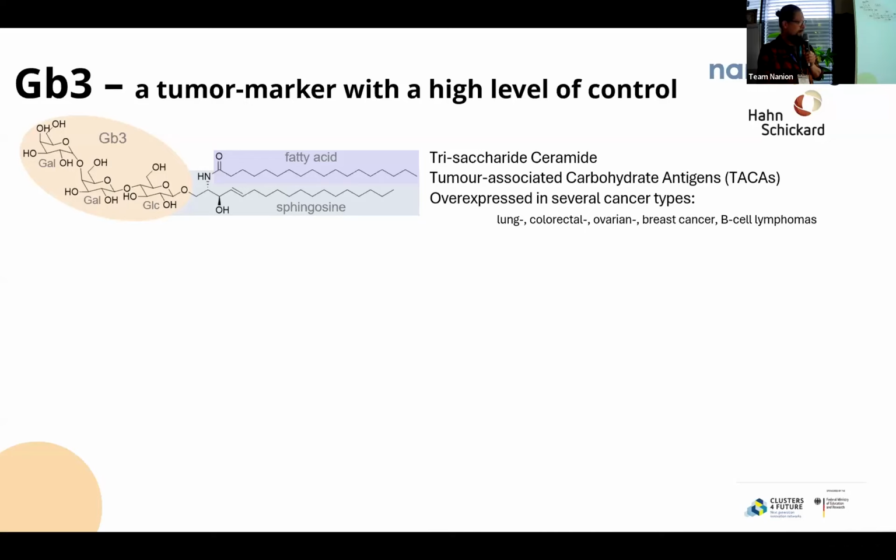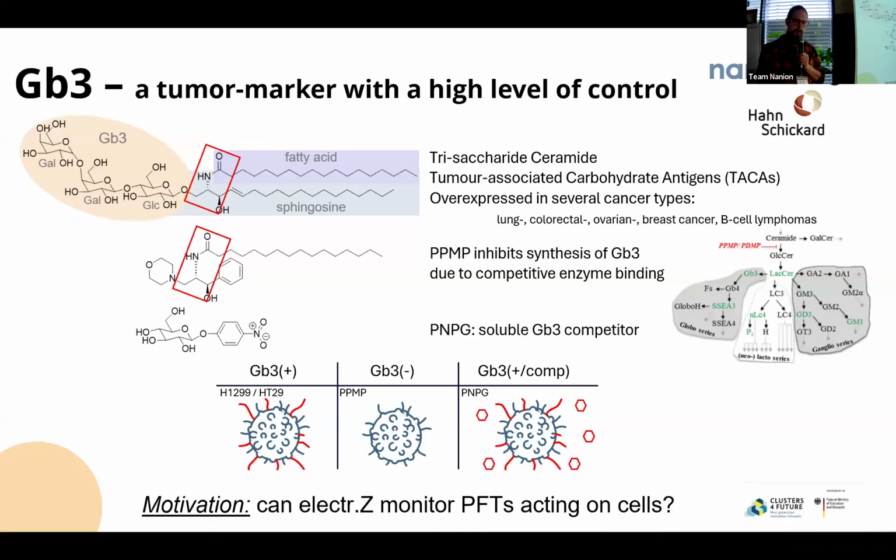But for me as a scientist, this is a super interesting molecule because we can do a lot of science with it, as it gives us a very high level of control in our experiments. For instance, there is another molecule, abbreviated PPMP, that has some structural similarities to Gb3.